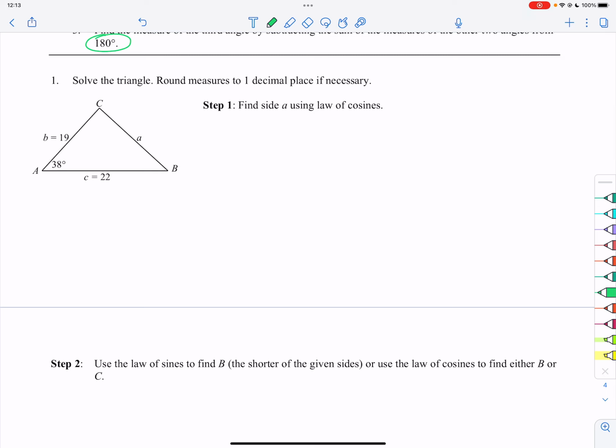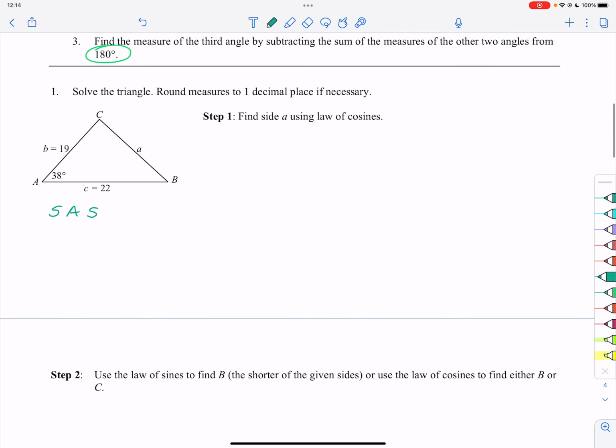Solve the triangle. Round measures to 1 decimal place if necessary. As you can see, we are given side, angle, side. Okay? So now that we have side, angle, side, let's go ahead and look for side A. So side A squared, and this is our law of cosines, is equal to side B squared plus side C squared.